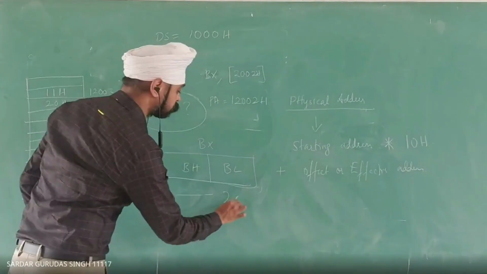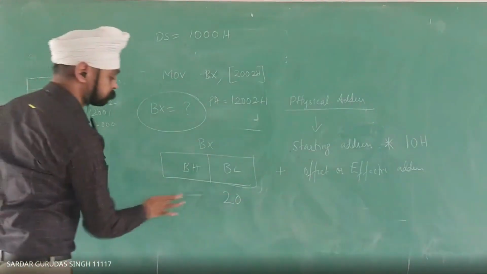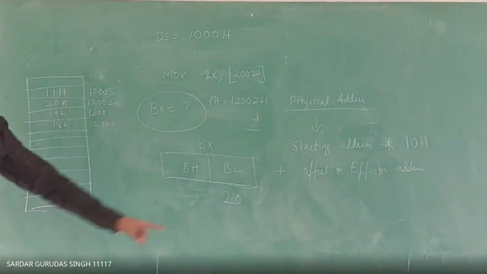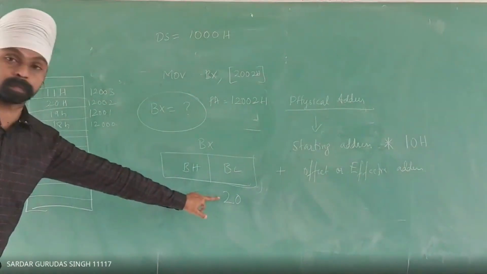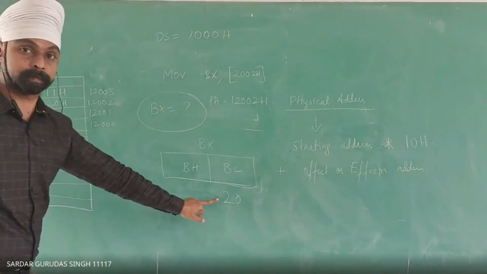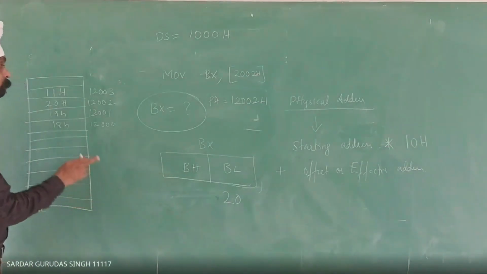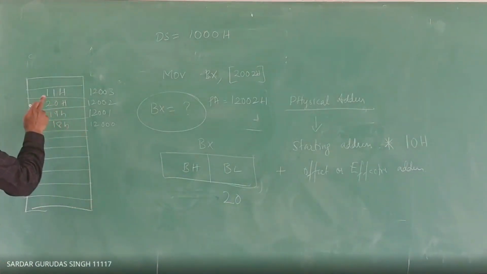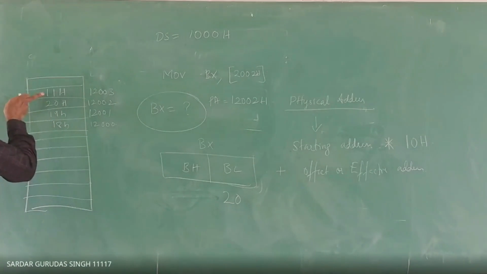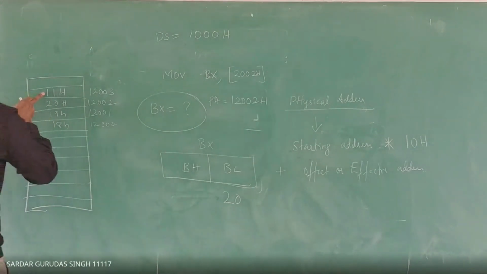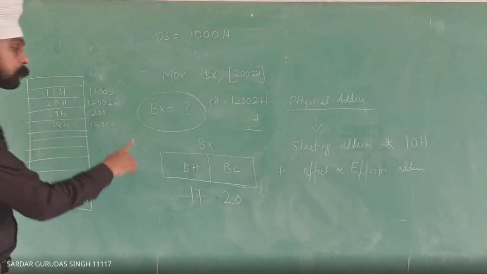So in BL, what will be there? And what will be there at BH? So what will be the content of BX now?